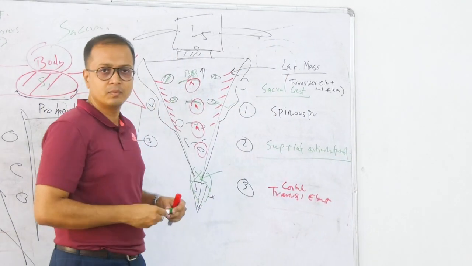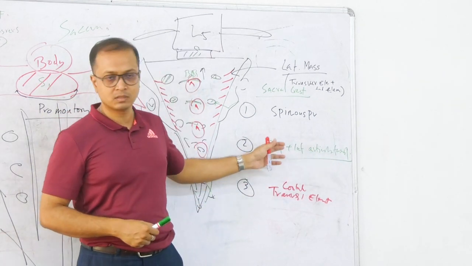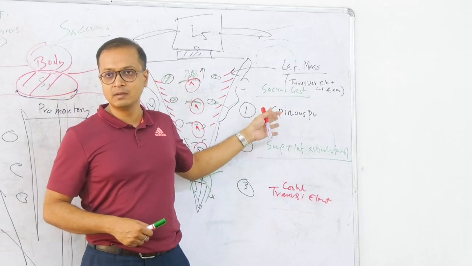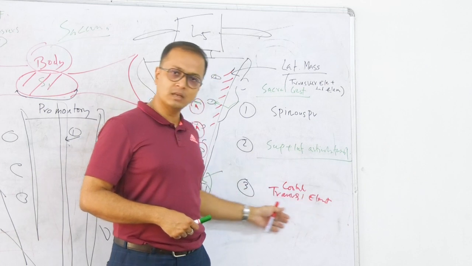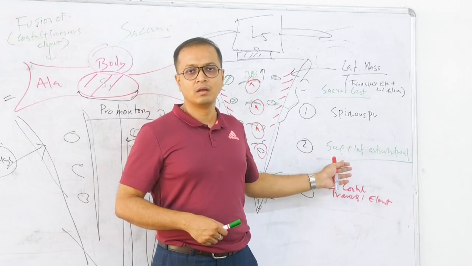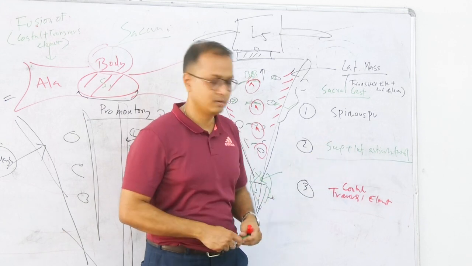So the fusions of these superior and inferior articular facets then make this intermediate crest. Fusions of the spinous process then make this particular medial sacral crest. And this costal element is basically making this particular lateral sacral crest, right?